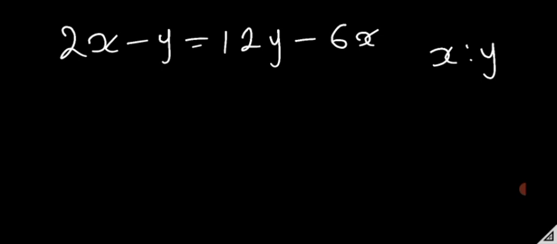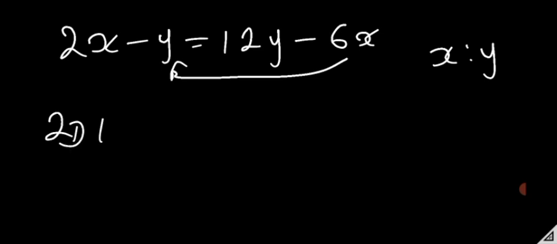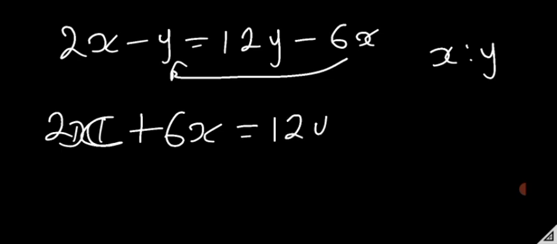Let's see how it goes. So this 6x we bring to the other side here. It becomes 2x plus 6x, because the minus will change to plus. Then we bring y to the other side. It becomes 12y plus y. Any complaint?